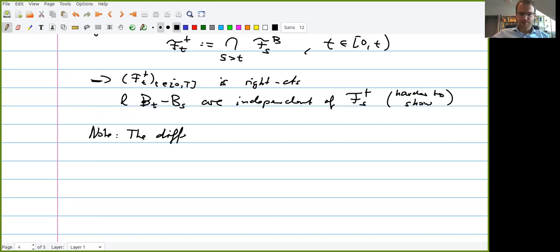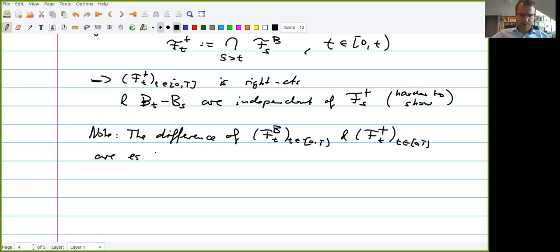The difference of F_t and F_t plus are essentially in the P-null sets. This is why adding the P-null sets makes it already right continuous.